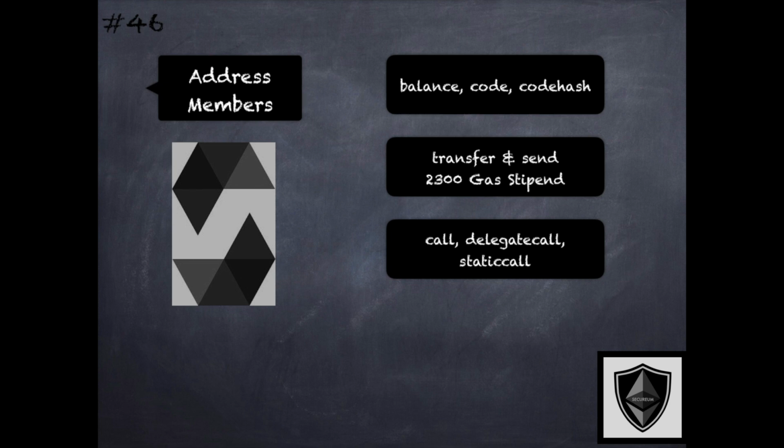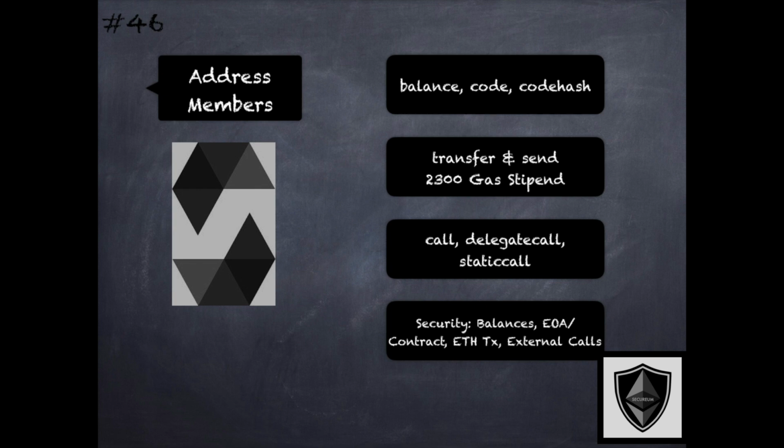We talked about some of these calls in the context of the underlying instructions, the call, delegatecall, and the staticcall instructions, where we talked about how the callee account, in the case of delegatecall, executes with its logic but with the state of the caller account. And similarly, in the case of staticcall, we talked about how the callee contract address can access the state but cannot modify the state.